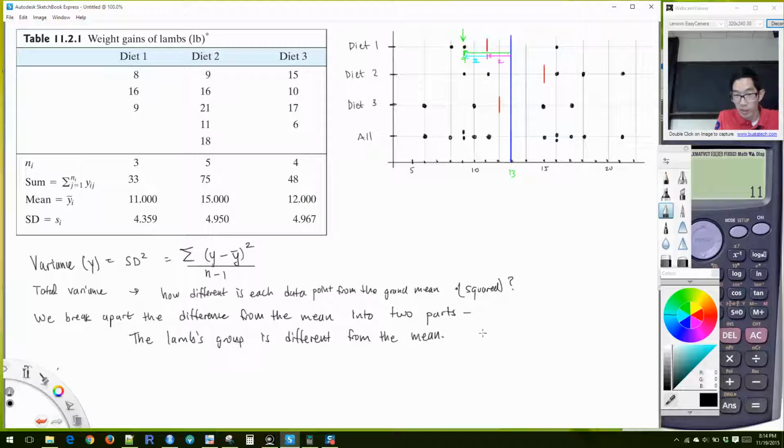So there is a difference between the group mean, y bar, minus the grand mean, y double bar. And then we say the lamb itself is different from his group mean.